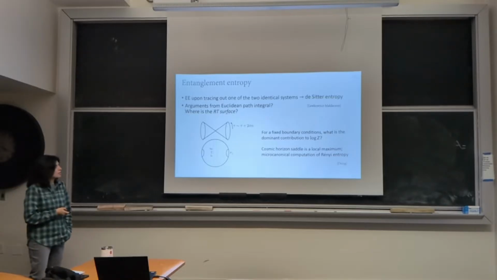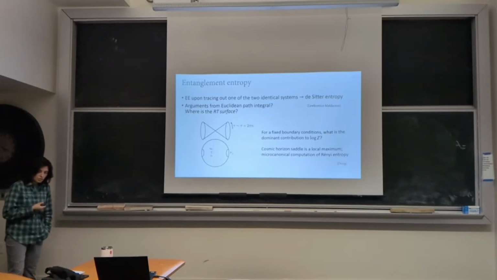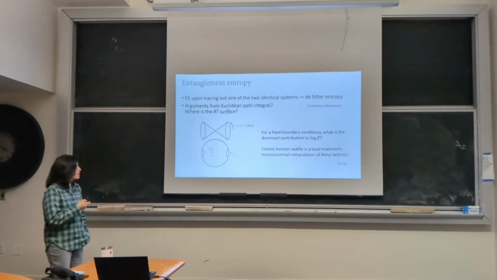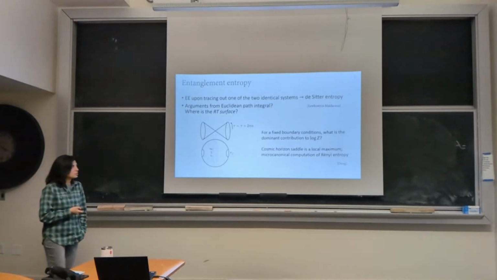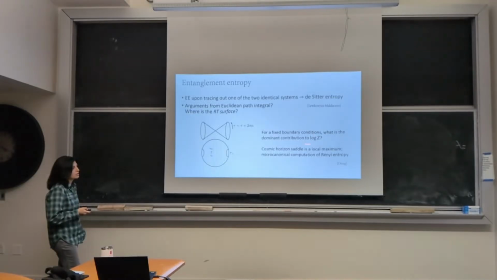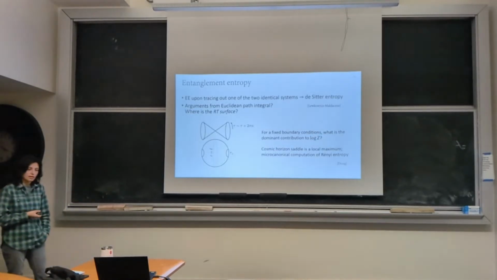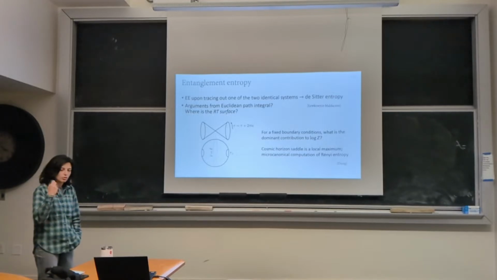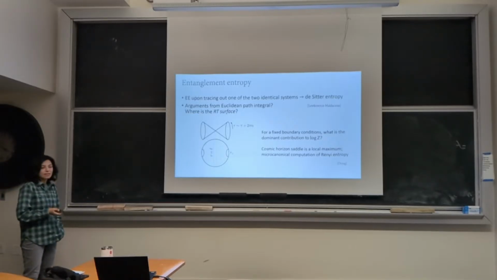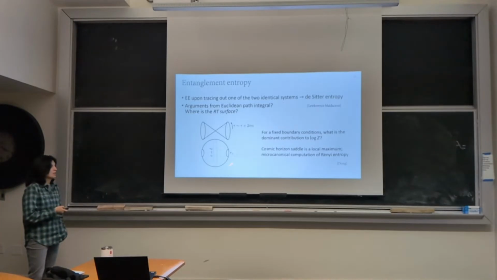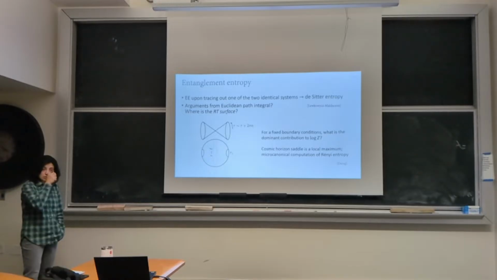But one observation that we make is a general observation: if you have a Euclidean problem where we fix the boundary, like with the Dirichlet condition, and look for the dominant contribution to estimate a quantity like log Z that enters into, let's say, a Renyi entropy computation, the saddle that we would propose to estimate this log Z is a local maximum of the configuration space.